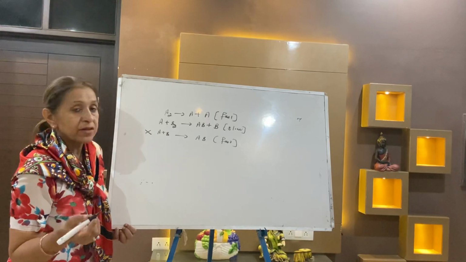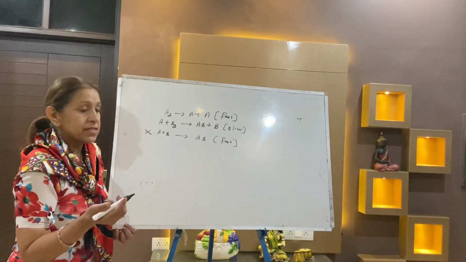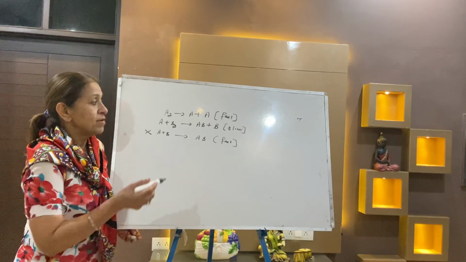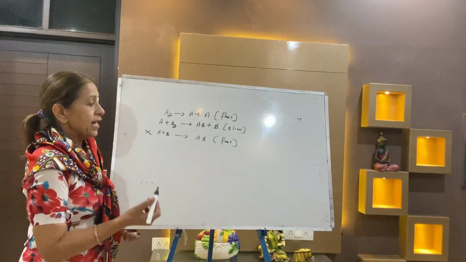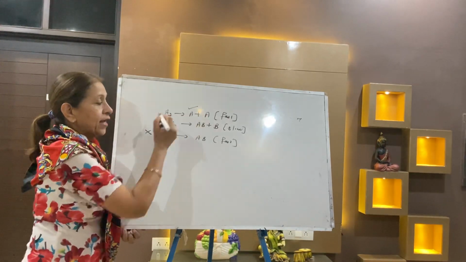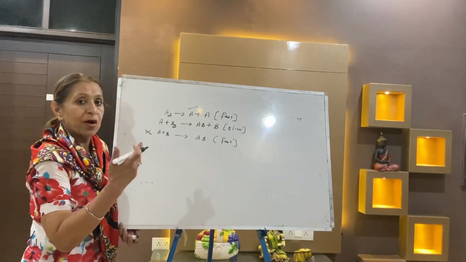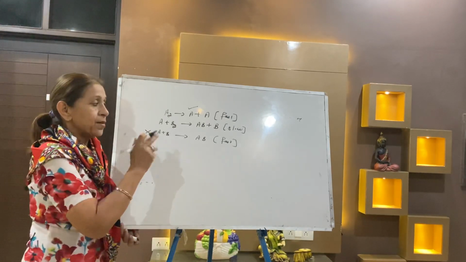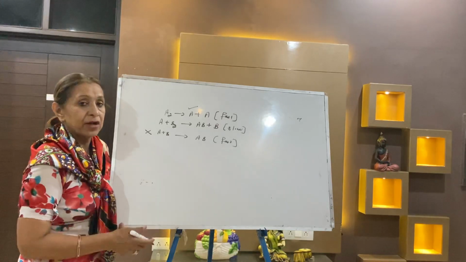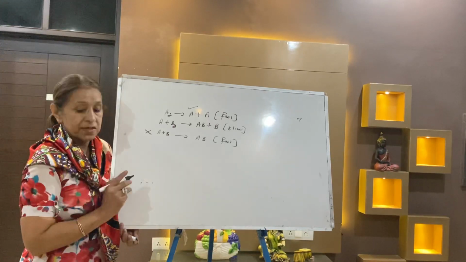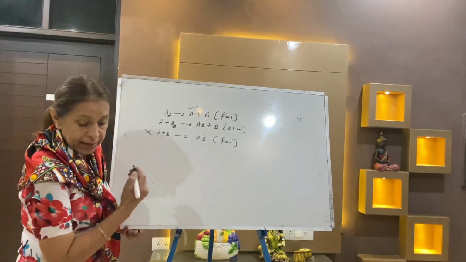You can attempt the answer of this question by the same method: apply law of mass action on the fast step, then calculate the value of A from the fast step, and put the value in the same way that I have done for the 2 questions. You can attempt it at home.